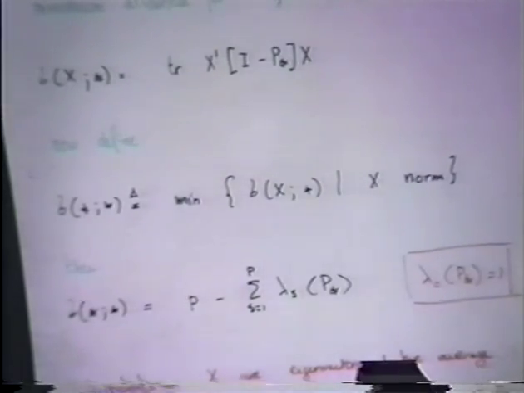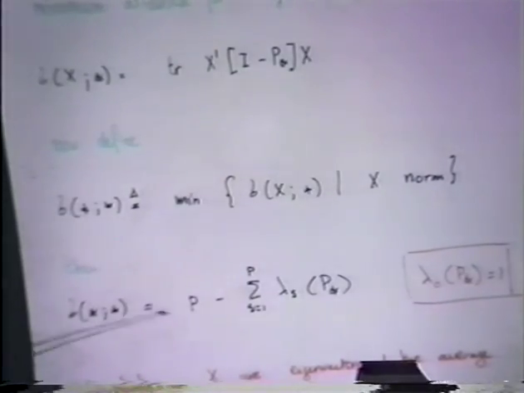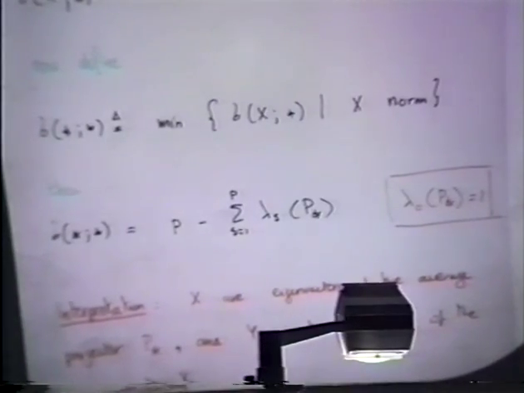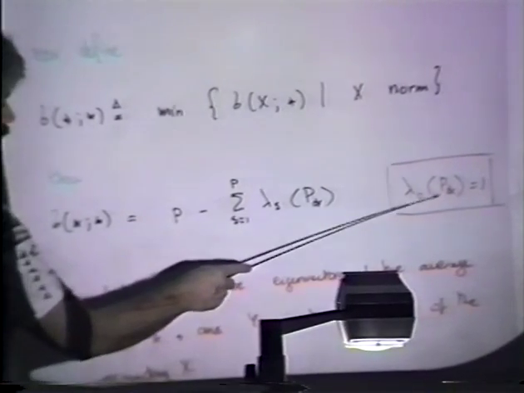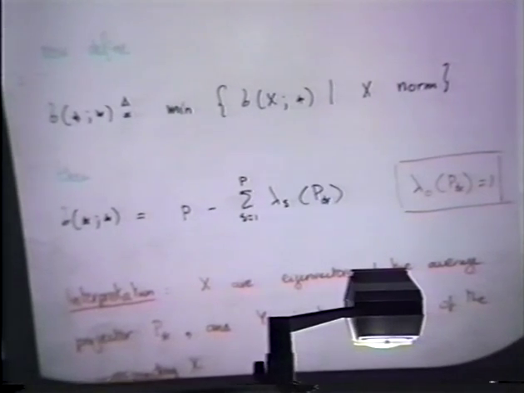unit length. Now, this means that you can use familiar eigenvalue results to show that the minimum is equal to p, the p comes from the identity here, minus the sum of the p largest eigenvalues of the average projector. Now, the p largest eigenvalues I said, but that's not exactly correct, because the largest eigenvalue of the average projector is always equal to 1, and the eigenvector that goes with that is a vector with all elements equal to a constant.